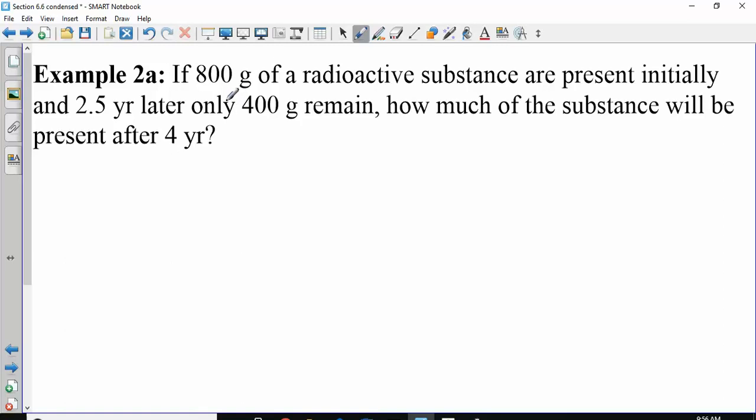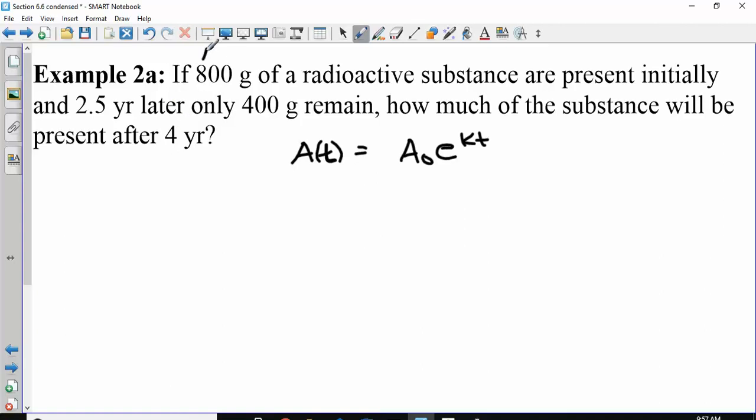So the first example, if 800 grams of a radioactive substance are present initially, and 2.5 years later only 400 grams remain, how much of the substance will be present after 4 years? So what we need is the equation. Is that a T or a plus sign you're putting in there? T, like tide.